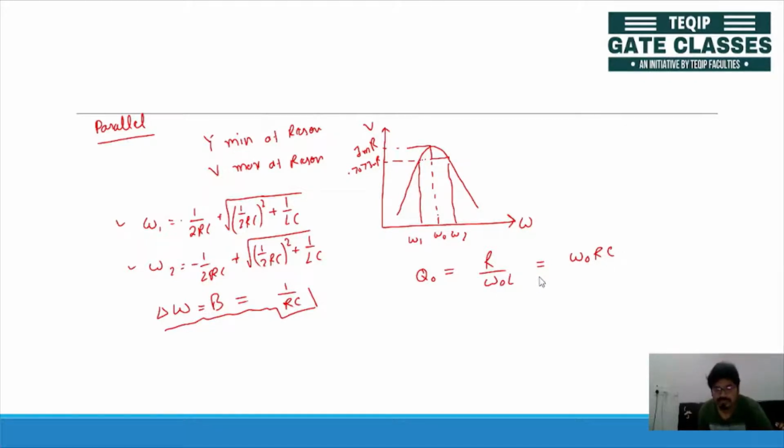Okay, so here again the relation between bandwidth and quality factor is same. What is it?